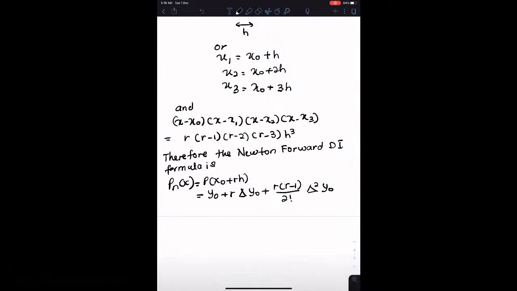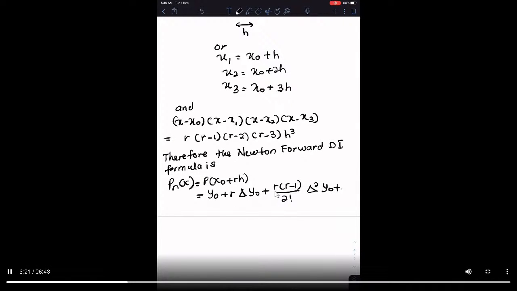So you can put here r Δy0, then r(r-1) divided by 2 factorial times Δ squared y0, the forward difference squared.